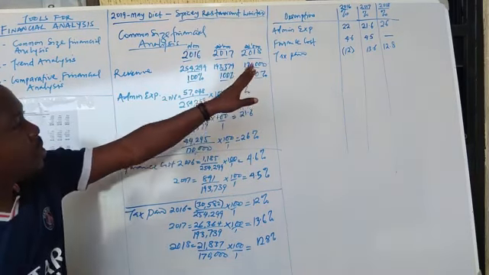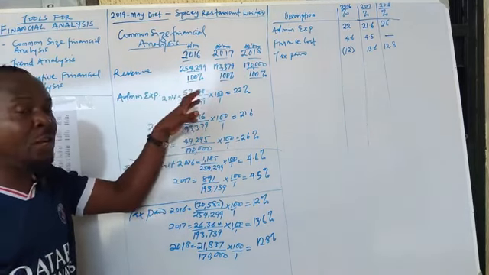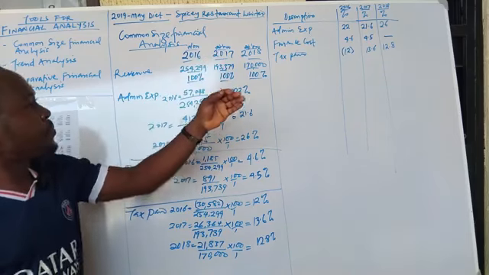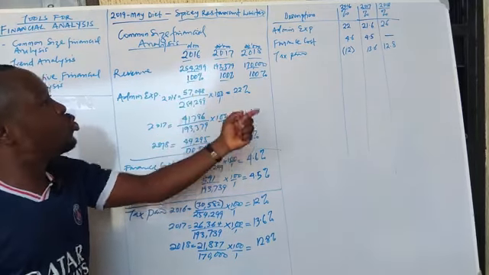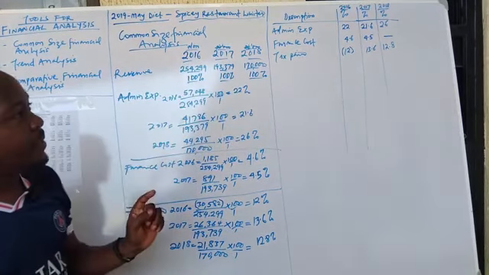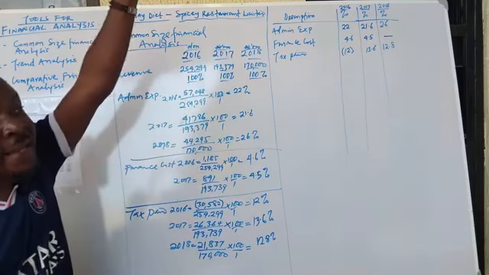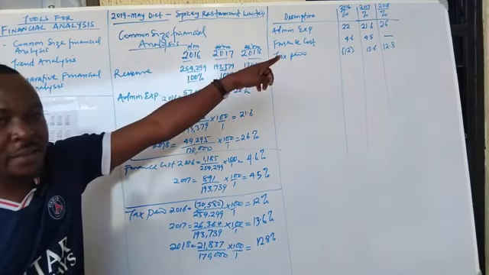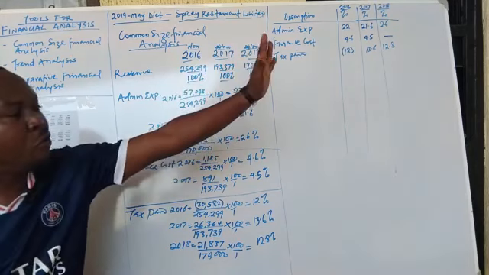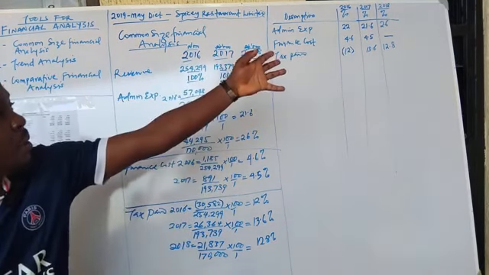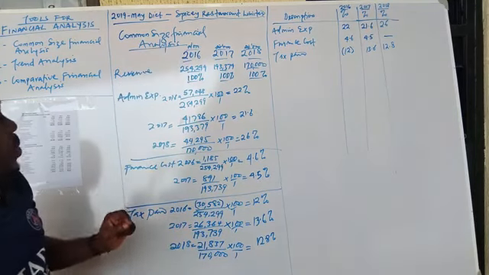If you want to write your report, you just write that in 2016, 22% of the total revenue was used as admin expenses, but the figure dropped to 21.6% in 2017. However, the figure skyrocketed or increased in 2018. Every business owner will know that it shows their performance. It shows the movement, how the movement went using revenue as their basis.